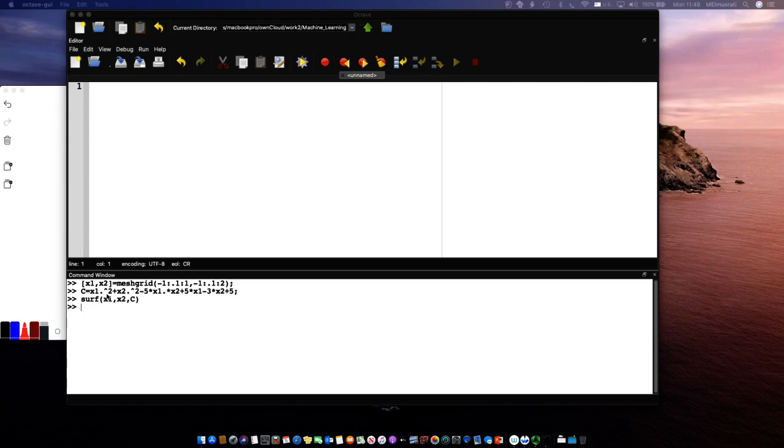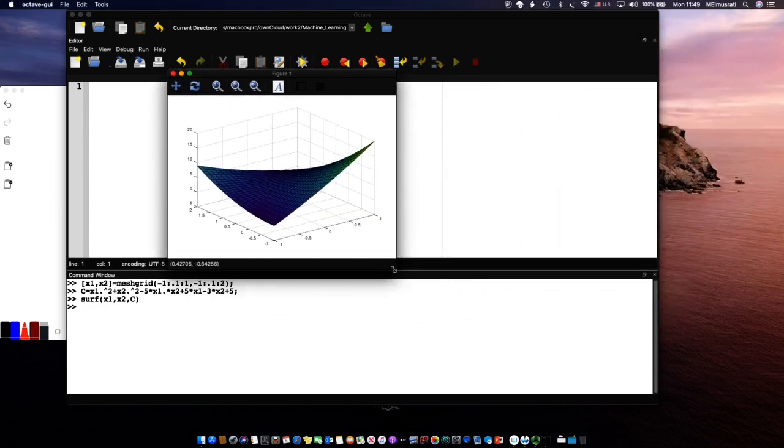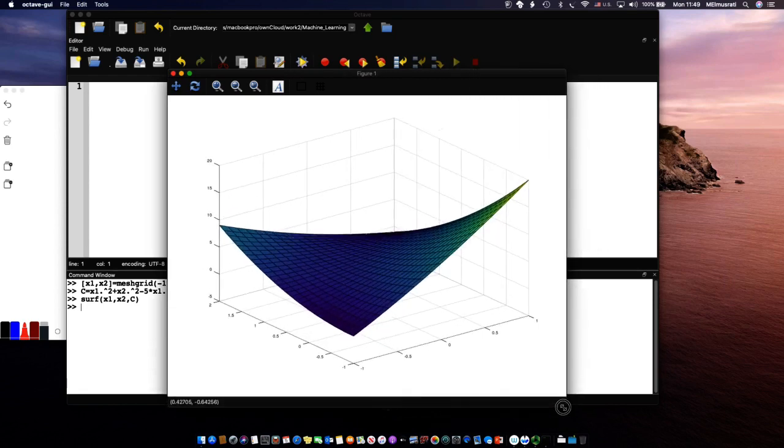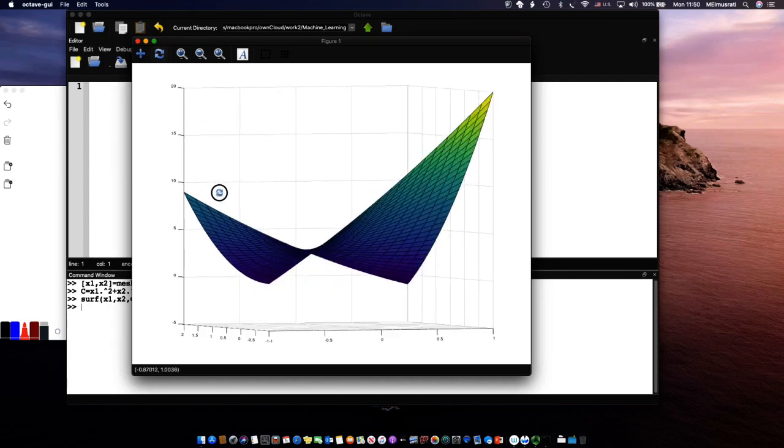So yes, this is the output. It came to my second screen, so I put it on this screen. This is the cost function, how the surface will be. Actually, I can also rotate it somehow. You can see that this is the cost function.